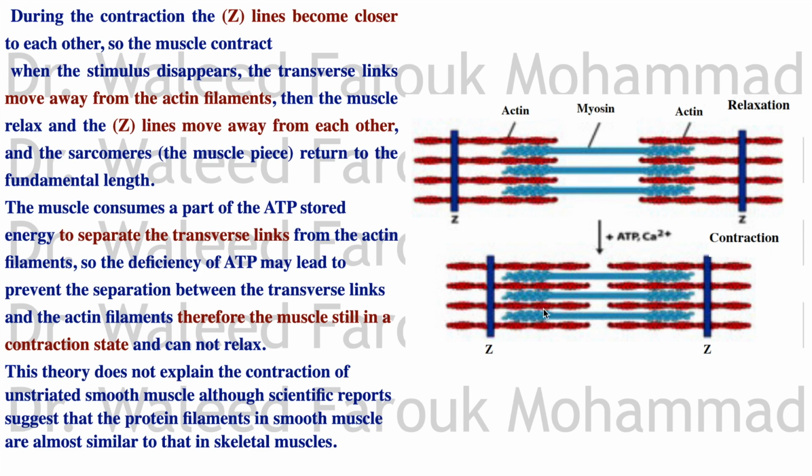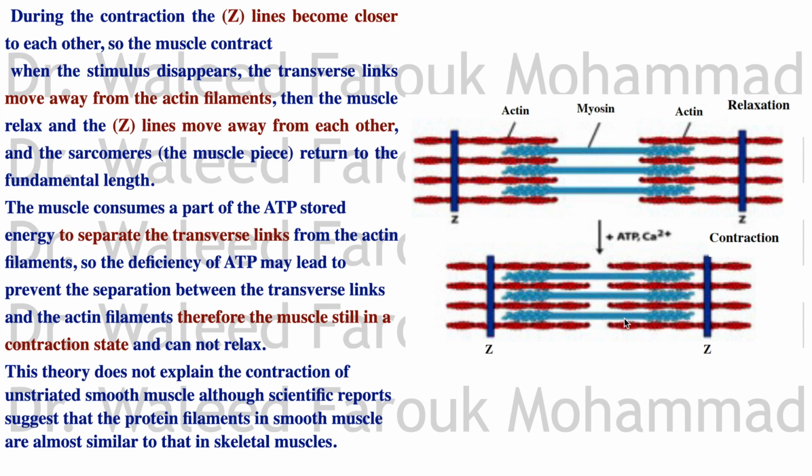You will be asked about this. This is in the relaxed state. This is in contracted state. You see the Z lines become closer to each other, and the semi-light zone in the middle almost disappears. Almost disappears. Okay? Because of the overlapping of actin and myosin in this area.